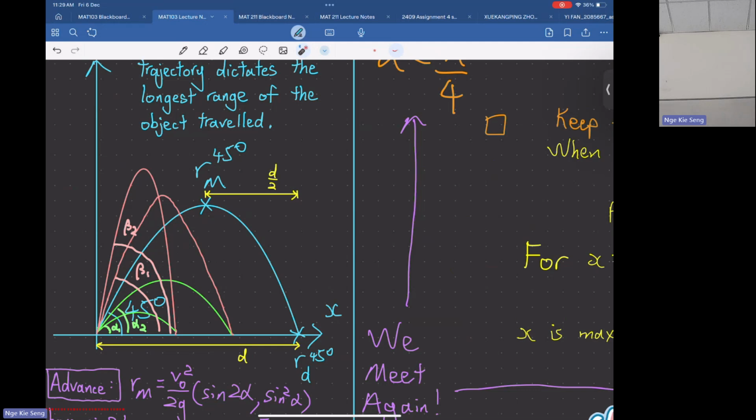For example, if you take alpha, which is less than 45 degrees, and then you take the other angle, which is 45 plus alpha, they will have the same distance D. Even though the maximum point is different, they will land at the same place. Have you seen cartoons? Some people seem to throw very high and land over there, but some throw very low and also land over there. So this calculation shows it. Although you might think, I want to throw far, so the higher the better, it turns out that it's not true.